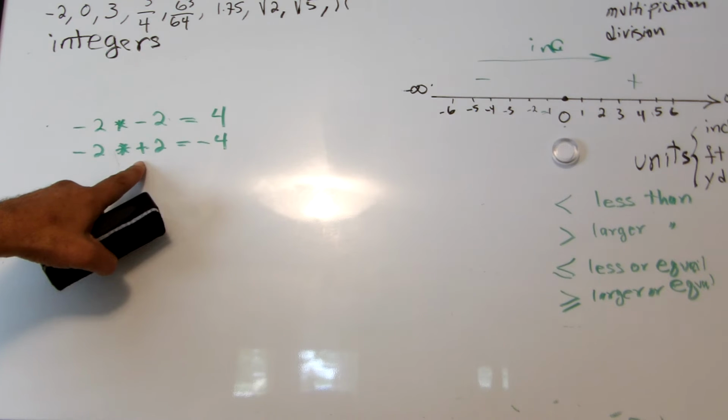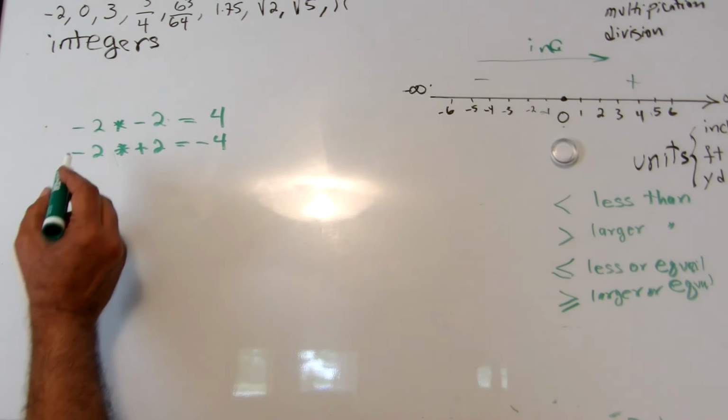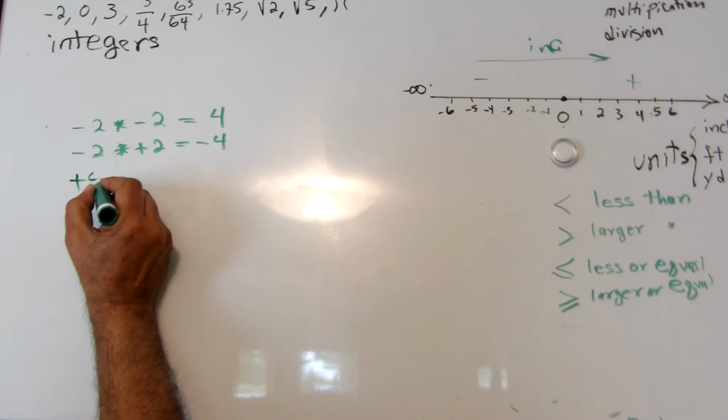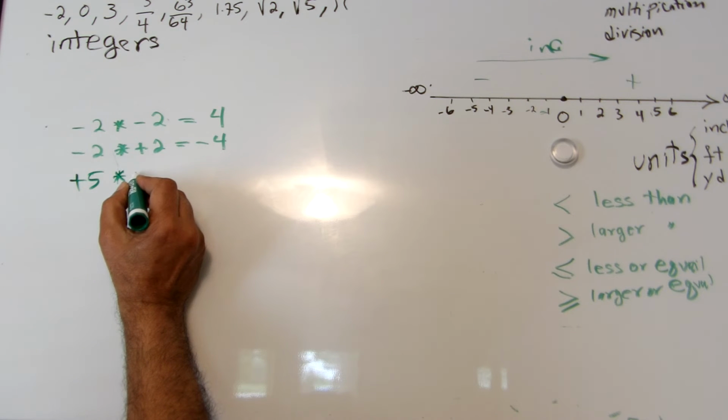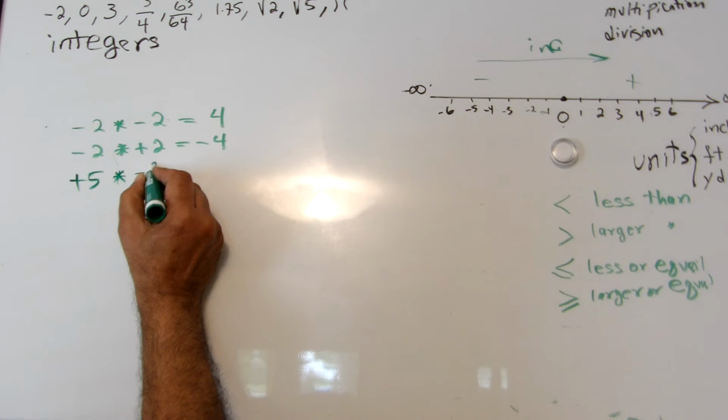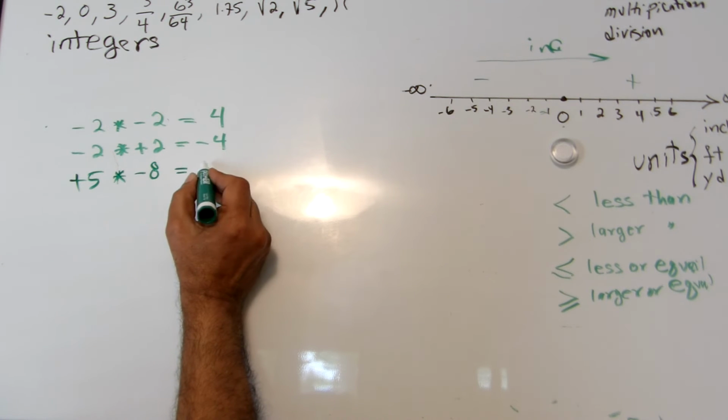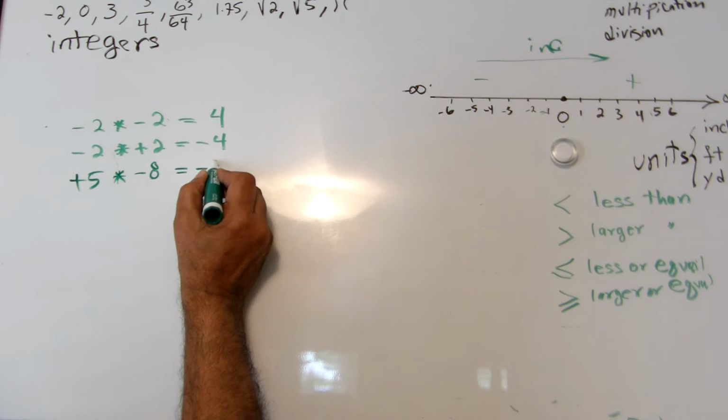Or if plus 5 times minus 8, it is equal to minus 40.